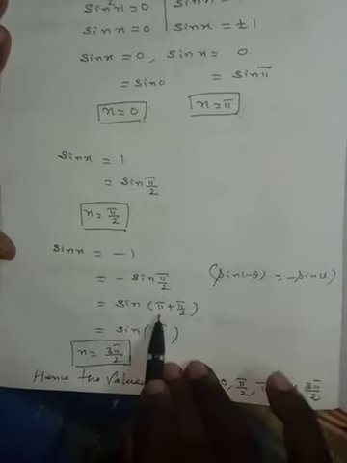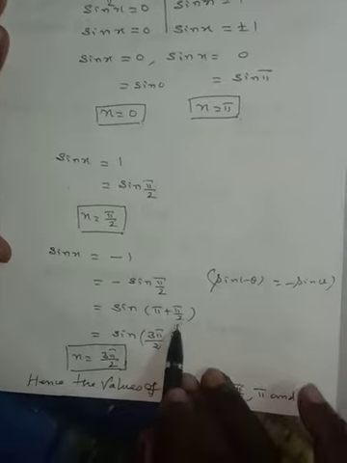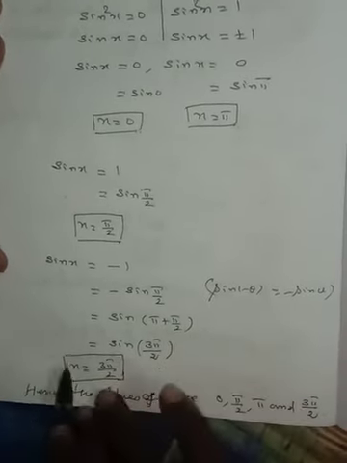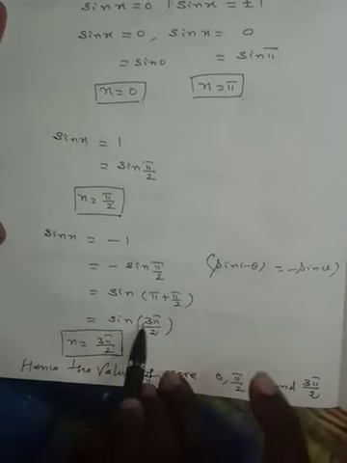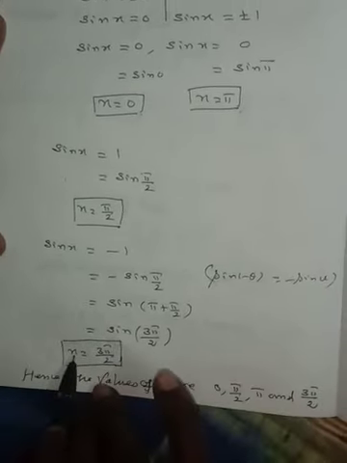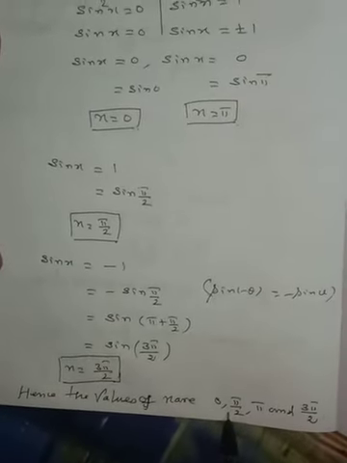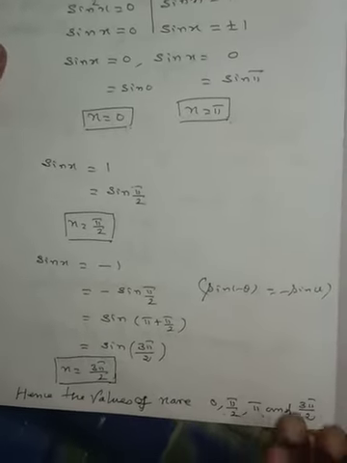Pi is 180, so sin of 180 plus theta. Taking LCM, we get 2 pi plus pi, 3 pi divided by 2, sin 3 pi divided by 2. Taking sin inverse on both sides, sin x is equal to sin 3 pi by 2, x is equal to 3 pi by 2. So, the principal values are 0, pi by 2, pi and 3 pi by 2.